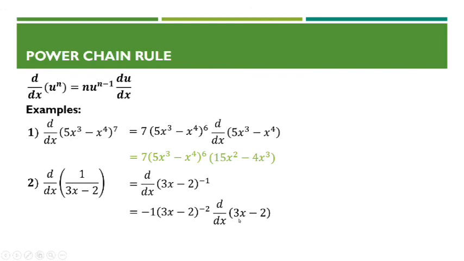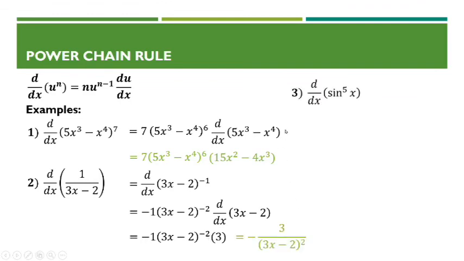The derivative of 3x minus 2 is 3 only. Now, pwede nating ibaba yung may negative exponent uli as a denominator. So we have negative 3 over 3x minus 2 raised to the positive 2.